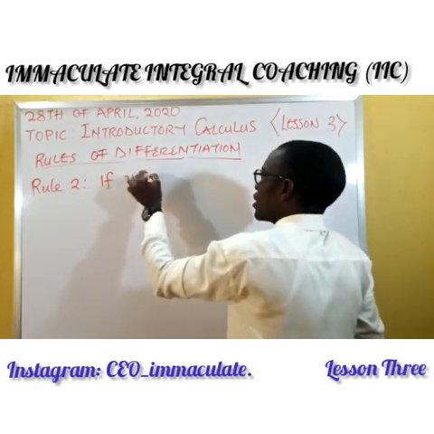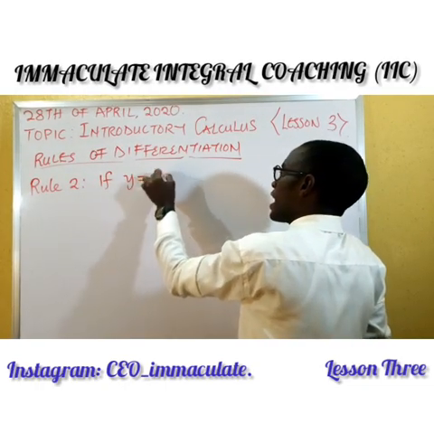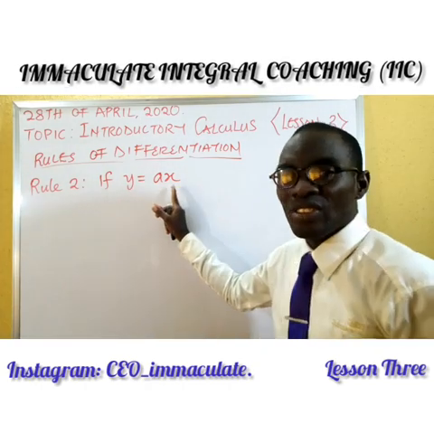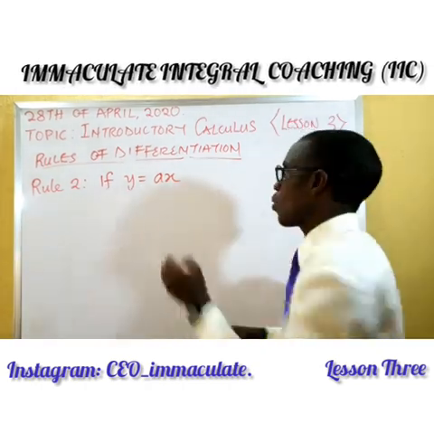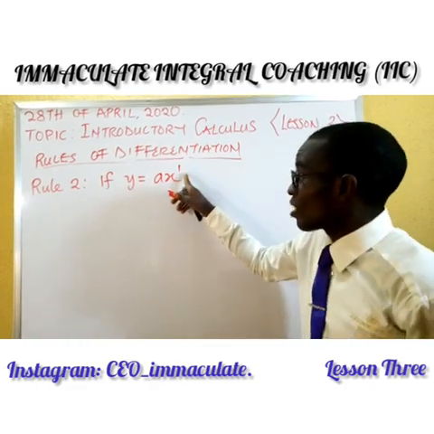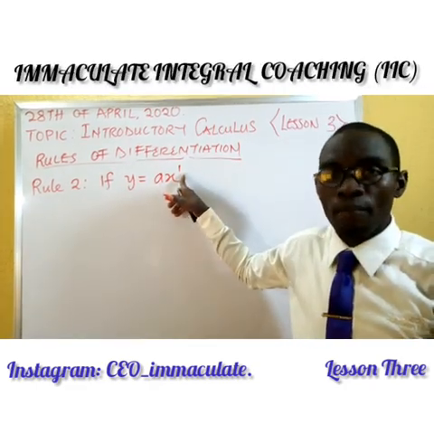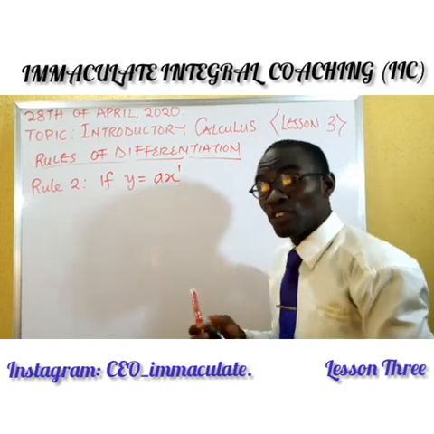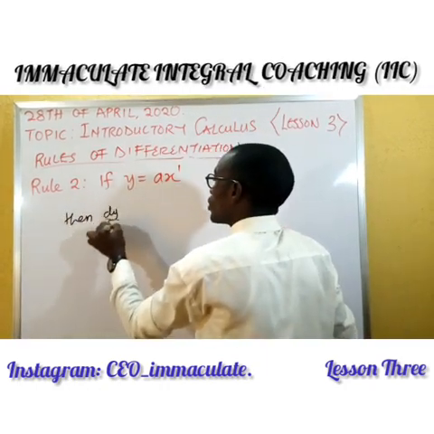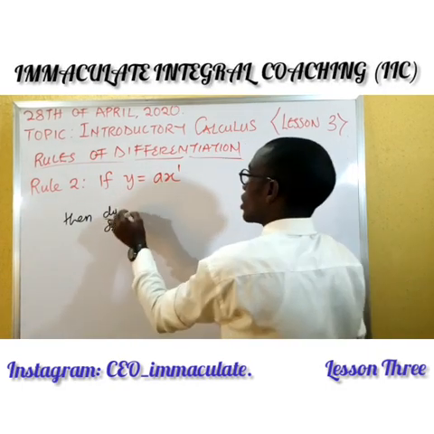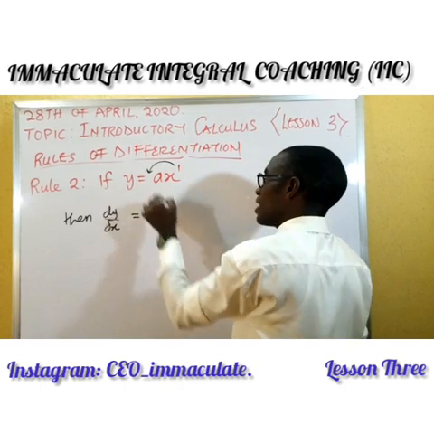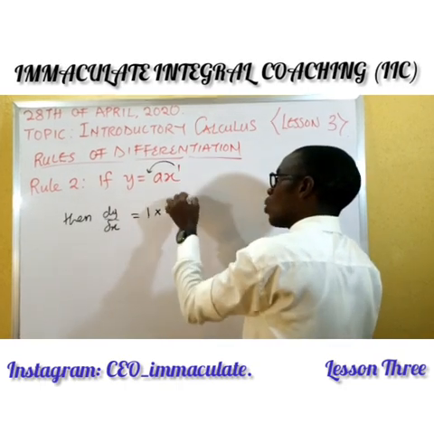Rule 2. If y equals ax, this x is not standing alone, it's x to the power 1. Just that in mathematics we don't usually write 1 as a power. Then dy/dx equals 1 times ax to the power 1 minus 1.